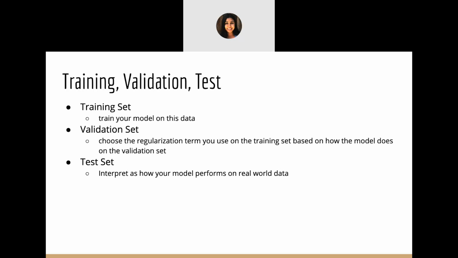One would be called our training set, one would be called the validation set, and one is called the test set. The goal of this is that you would use like 80% of your data to train your model, and then use 10% to choose the regularization term.